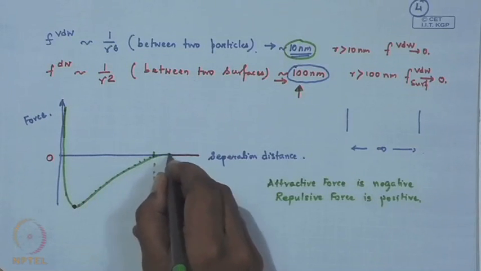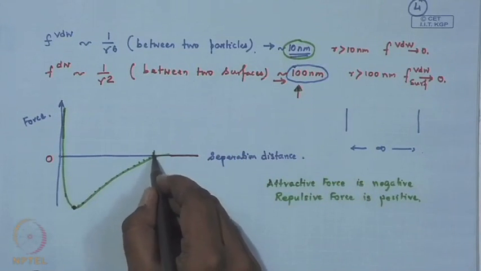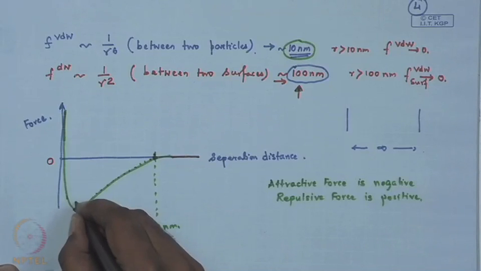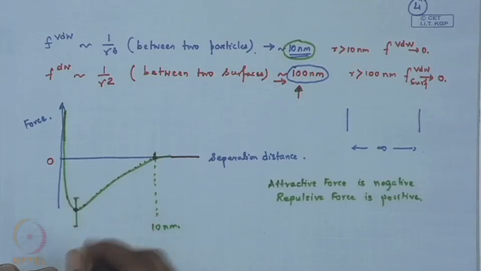So, I hope you have understood this part of the curve. This is the point up to which this particular interaction stretches. Now, what is this point? This point is the point where the two atoms or the molecules physically come in contact.